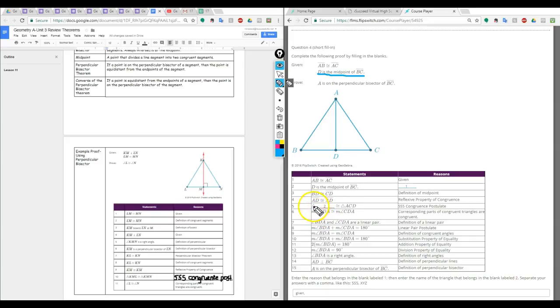And then they're saying triangle blank is congruent to triangle ACD. So we have to look at what order the corresponding parts are in.